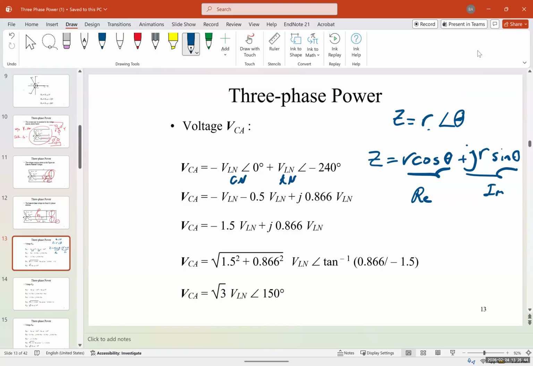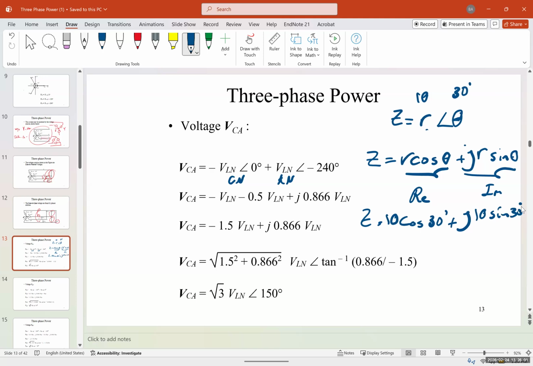Or if I have, for example, R is 10 and this is 30 degree, Z would be 10 cosine of 30 degree plus J10 sine of 30 degree. So this is how we got from this to this.